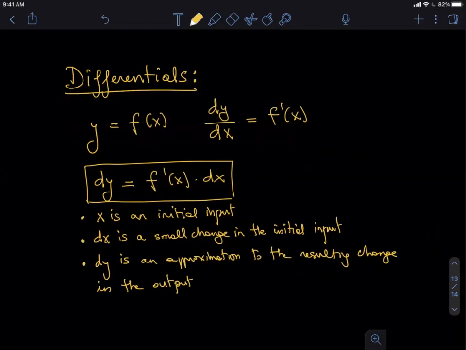So what is happening here? The differential dy, that is f prime of x dx, is telling us how to approximate the change in the output when we have a small perturbation of the input. Let's do a picture to understand that.